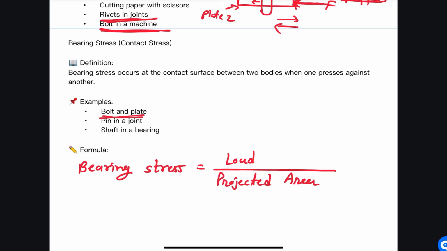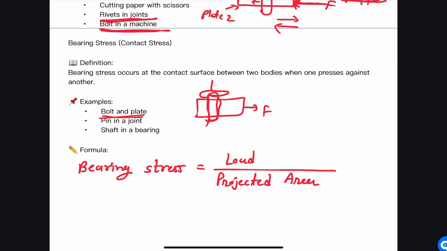So what happens if this plate has to move, but the bolt is applying force on it, so it cannot move. For example, this is the plate, and we apply the bolt over here, and if we apply the force over here, but it's fixed, it cannot move, right?